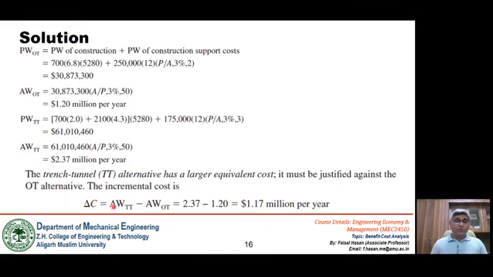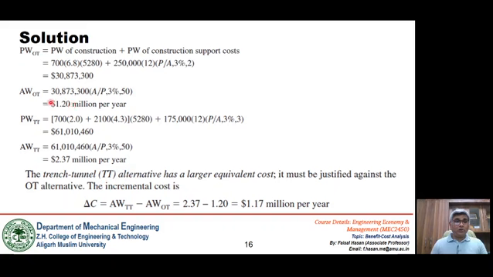So the incremental cost can be computed by subtracting the total cost of the open trench from the tunnel trench. So this minus this will give us the delta C when we are comparing the lower option with the highest one.